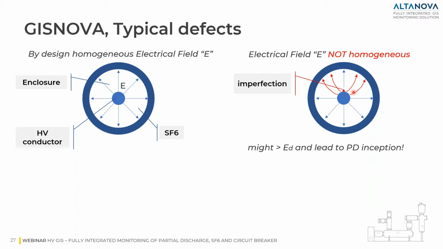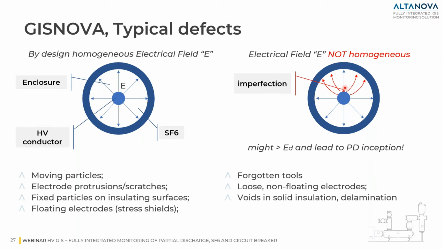And we will face an increased electrical field strength in the small area here around the imperfection. And in some cases, it could locally exceed the breakdown field strength of our SF6 insulation material, and accordingly can lead to partial discharge.